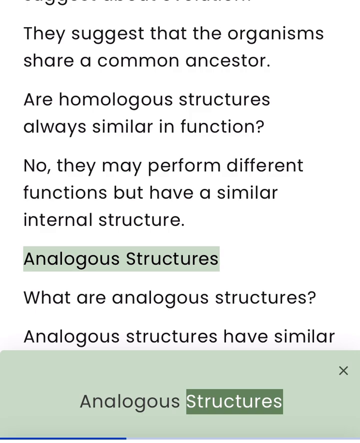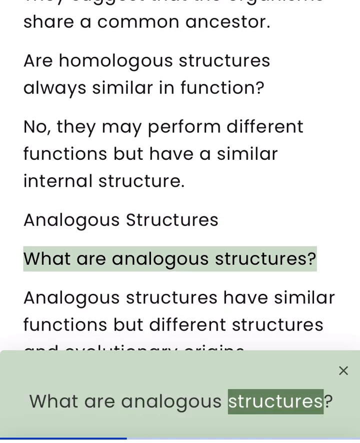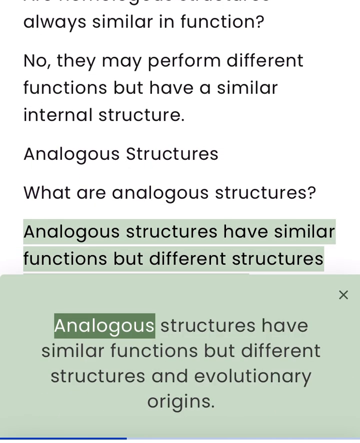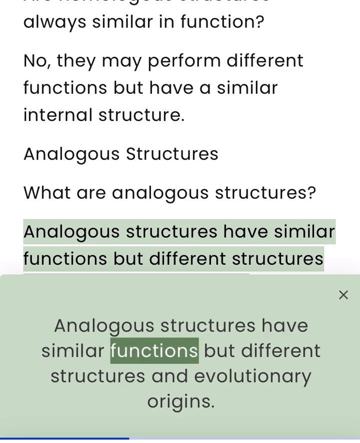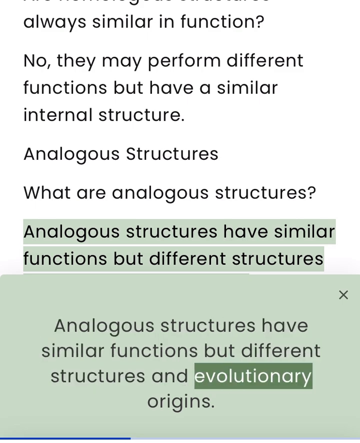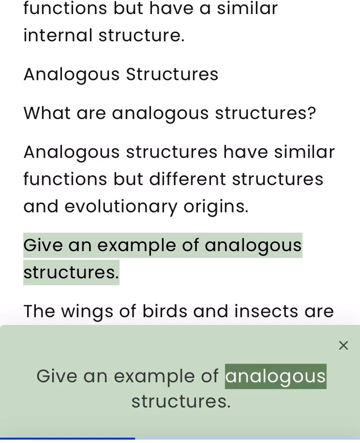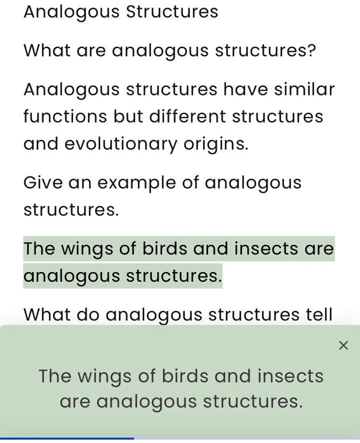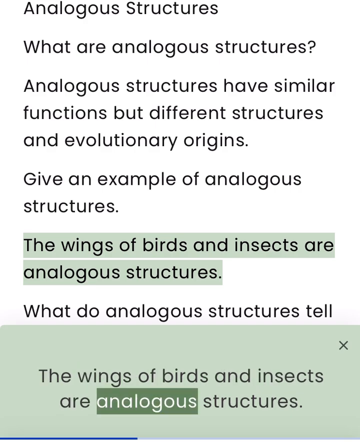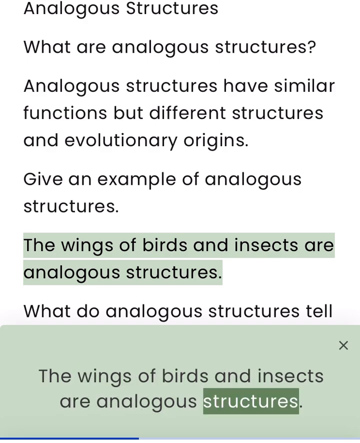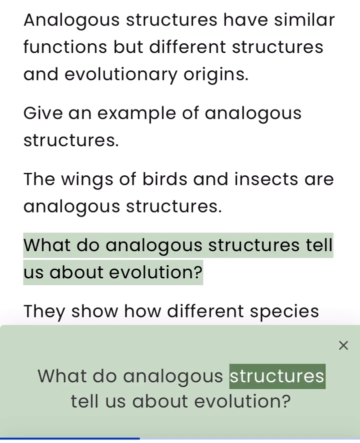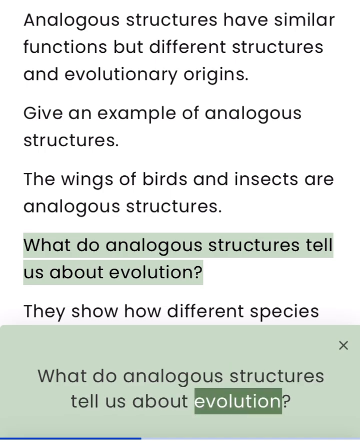Analogous structures. What are analogous structures? Analogous structures have similar functions but different structures and evolutionary origins. Give an example of analogous structures. The wings of birds and insects are analogous structures. What do analogous structures tell us about evolution?